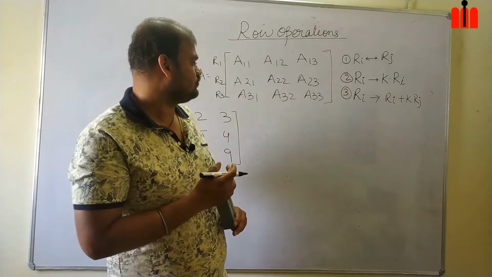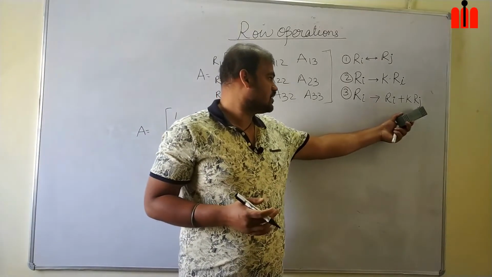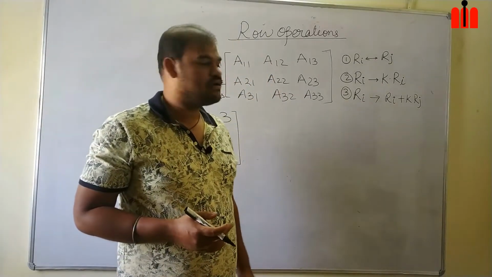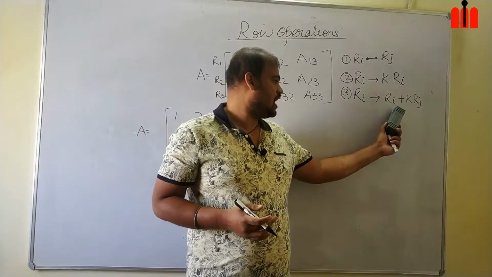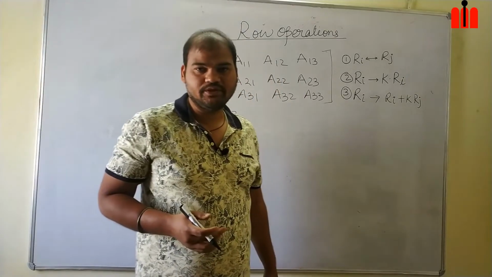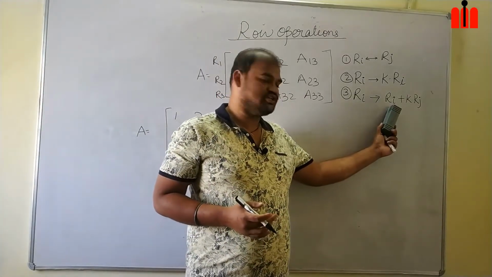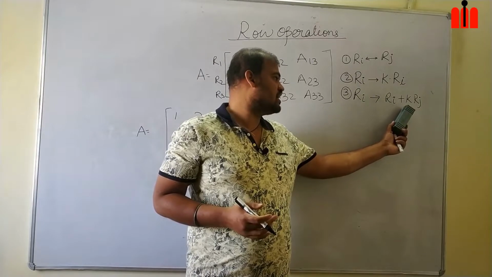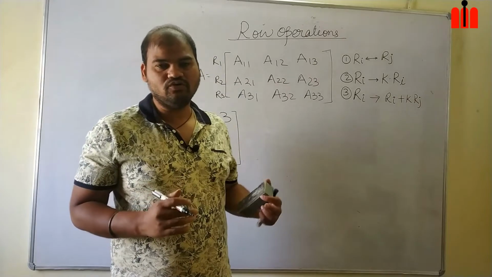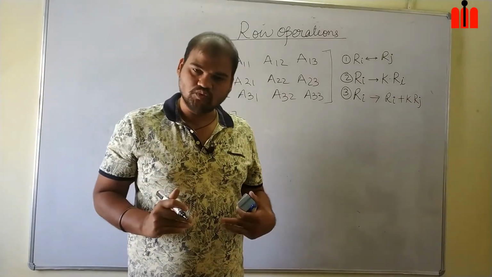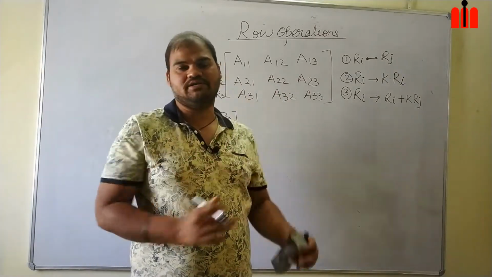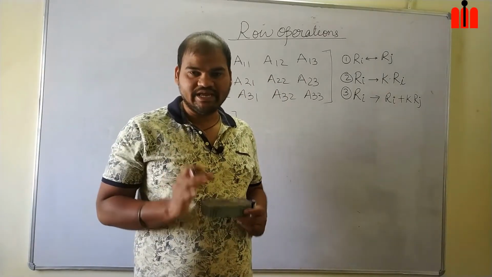Now here suppose my I is 2 and J is 3, and suppose K is 2. Then R2 tends to R2 plus 2 into R3. So what we will do? We will multiply R3 with 2 and sum it to the corresponding R2 elements. Are you getting it?